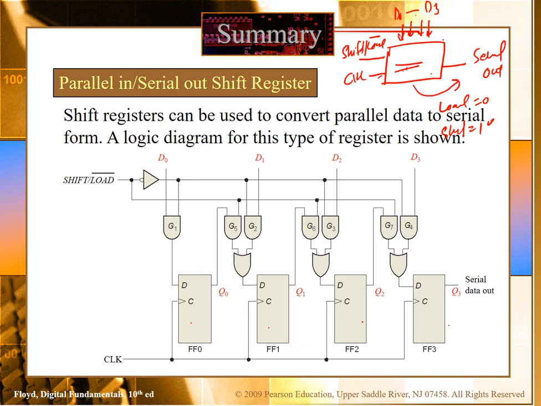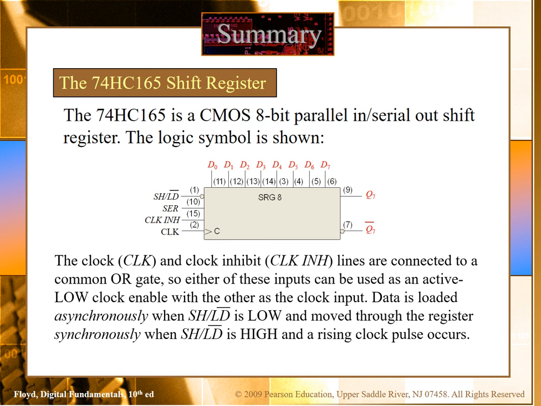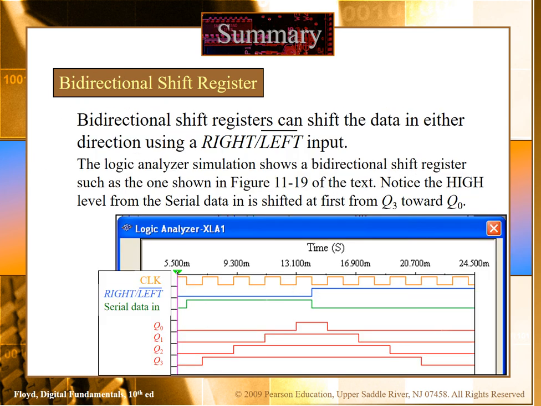So the shift and load signals control the loading and the shifting of the data. This is an actual IC, an 8-bit parallel in, serial out shift register IC, working on a similar operation. We will see the examples in the live session.